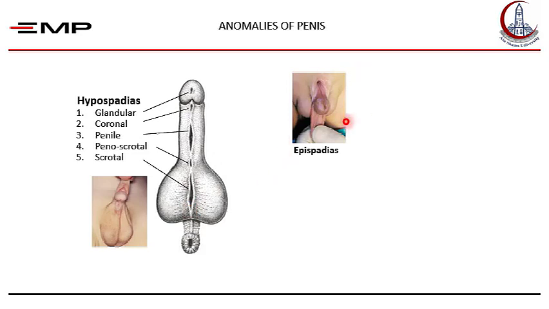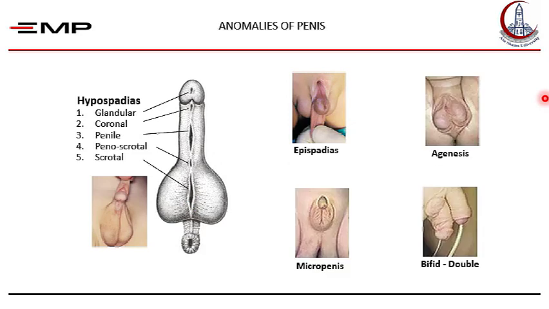There is another condition which is epispadias. It's usually associated with ectopia vesicae, and it was explained in the video of the development of the urinary system. Other anomalies of the penis include micropenis, absent penis due to agenesis, or maybe double or bifid penis.